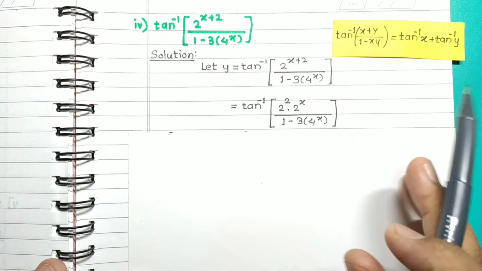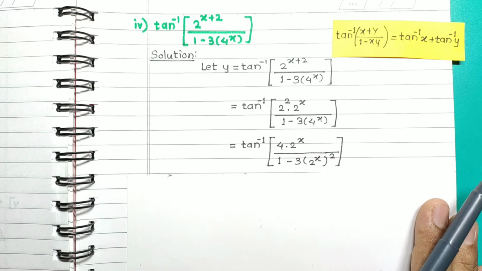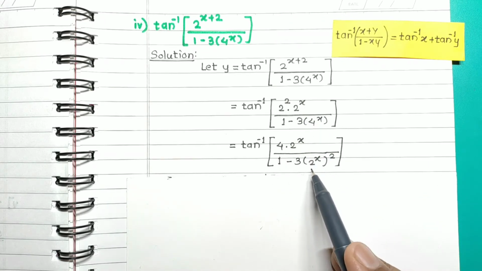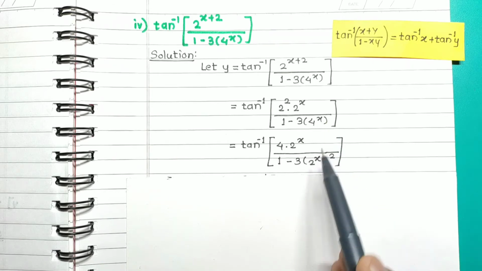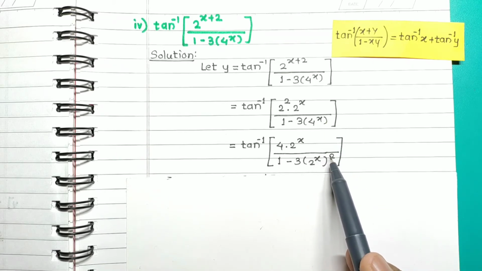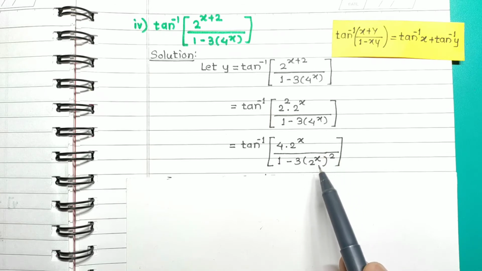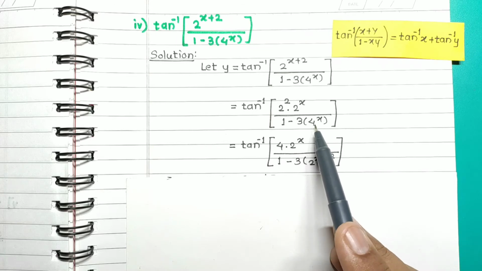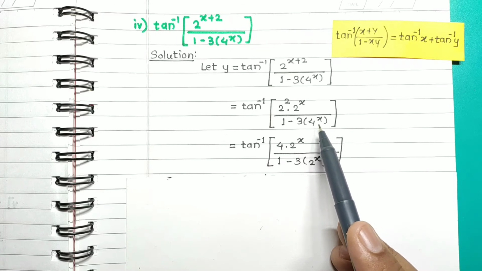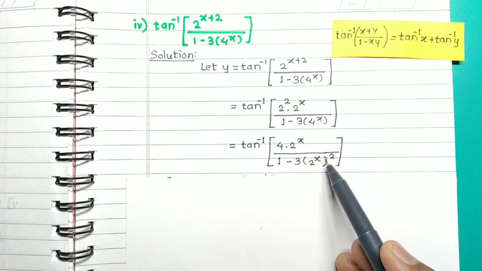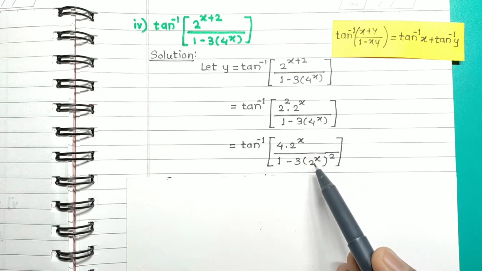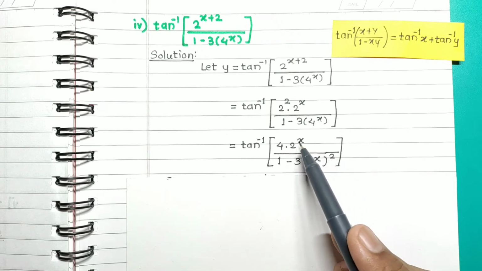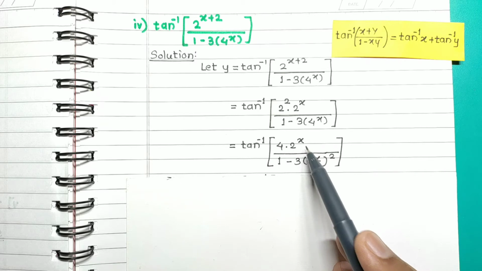Okay, so with this we can arrange these terms like, see, this 2 square is 4, 2 raised to x as it is, and see here we can write this 4 raised to x as (2 raised to x) bracket square. Okay, using rules of indices we can write this 4 as 2 square, so it is like 2 square raised to x, and then we can interchange those powers. We can write it as (2 raised to x) bracket square, so that the 2 raised to x term will be at the denominator like the numerator.